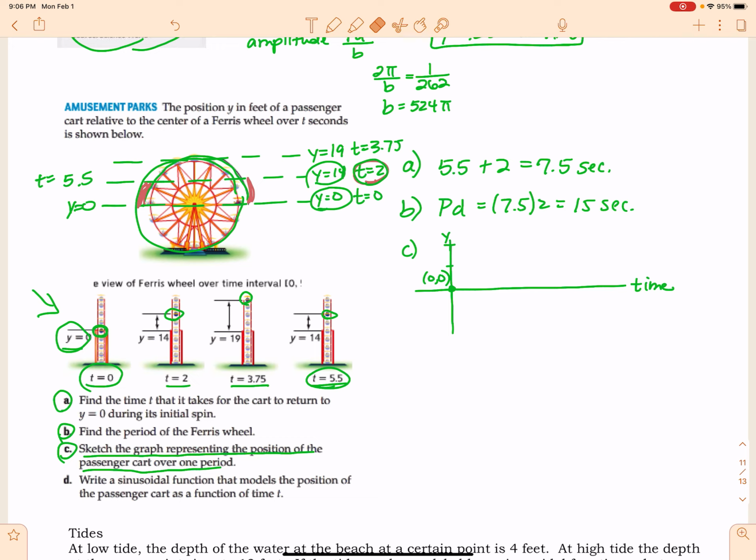Actually, I don't want to do that yet because we really don't need to. Okay, so as time passes, as we go through 2, we get y equals 14. So as it curves up, that's what's happening. And then once it gets to a peak, that's at 19 and 3.75.